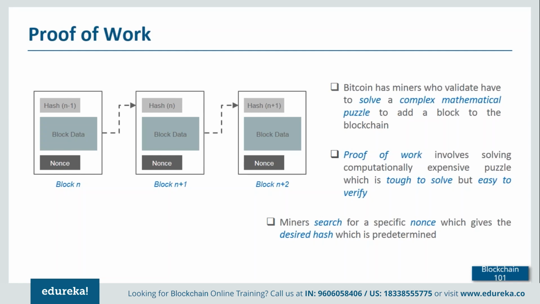Now, hold on, it's not as simple as you think, because given the present scenario, in the year 2016, you had to compute close to 20 quadrillion values of nonce before you got the final solution. Once you get the correct value of nonce, which is always predefined for every block, you can tell everyone, I have successfully computed the value of nonce and my block is complete, so I'm adding it to the blockchain.